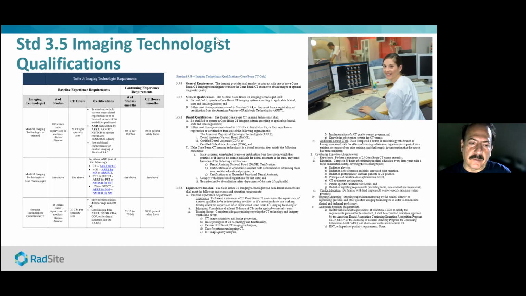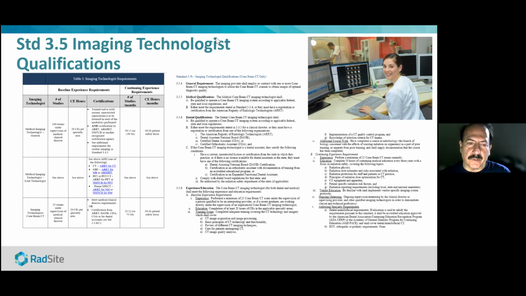So techs need to continue doing approximately 25 studies per year, or a total of 75 for a 3-year accreditation cycle, and need to essentially have 30 continuing education hours over those 3 years, particularly with a focus on patient safety and radiology education.